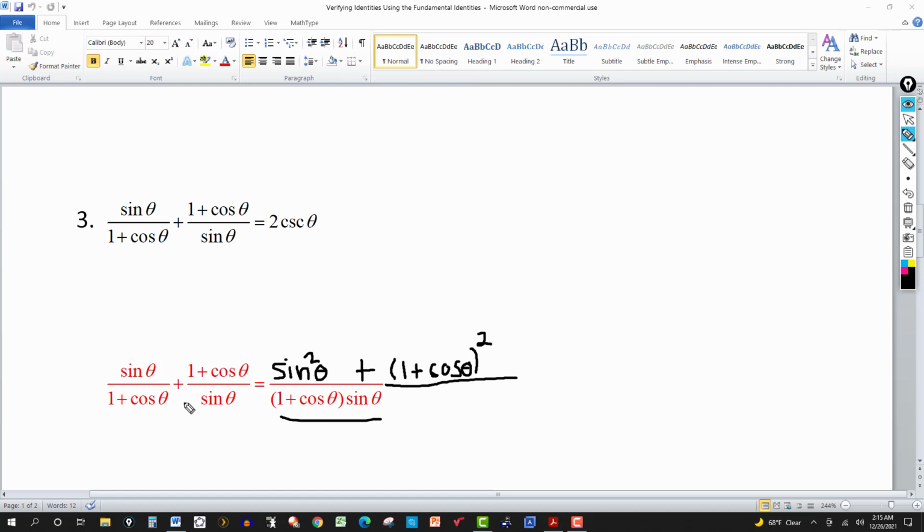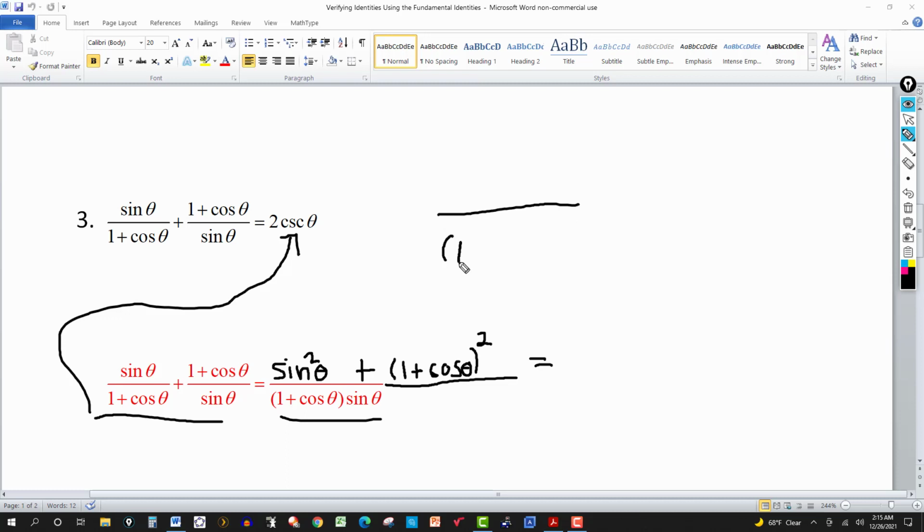So now I'm starting with the left side, and my objective is to get the right side. So up here then is equal to, and I have my denominator. And for right now, I leave the denominator factored out like this.